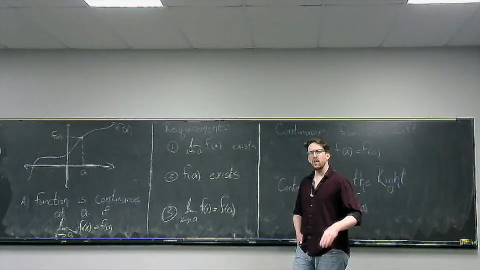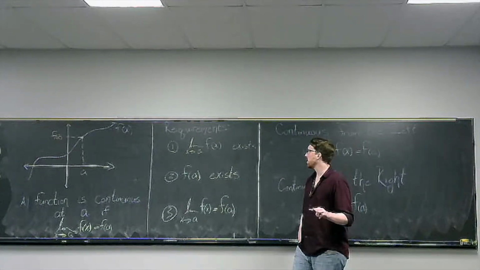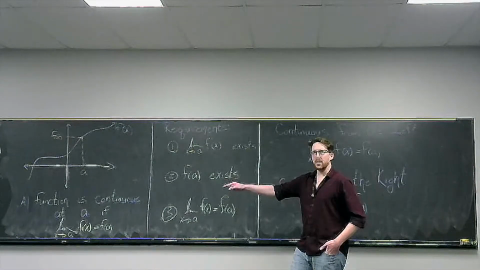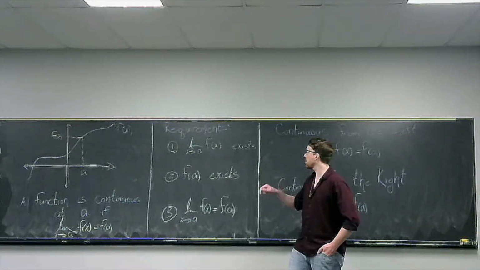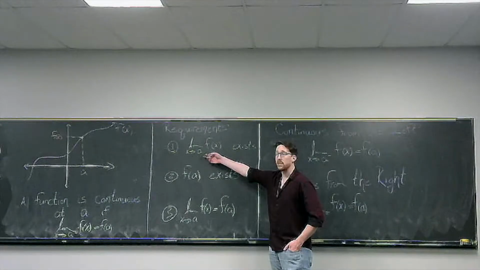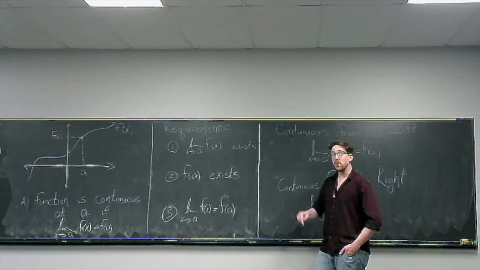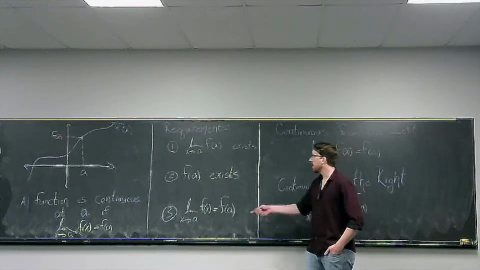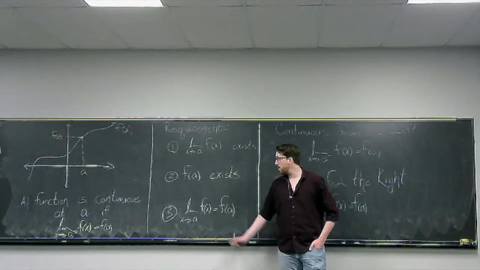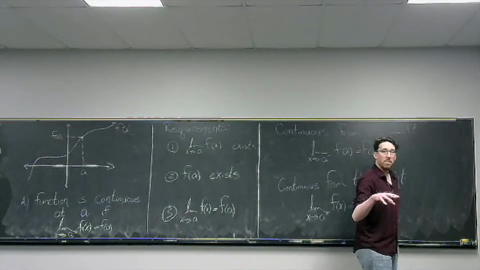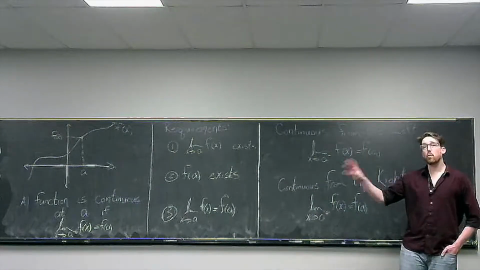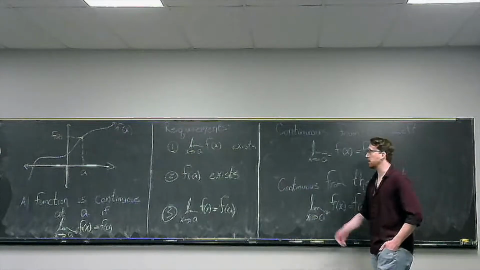But notice there are 3 different requirements within this definition. The first requirement is that the limit exists. The second requirement is that your function exists at a. And then the third requirement is that the limit is equal to the value of the function.